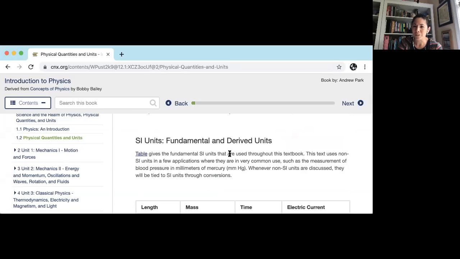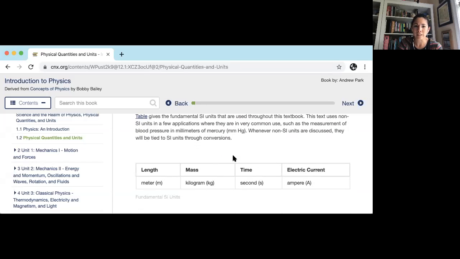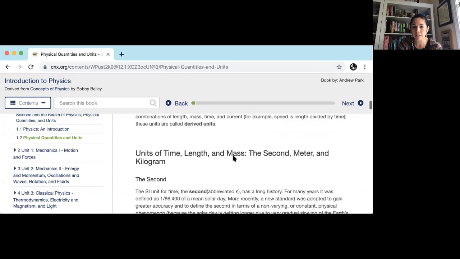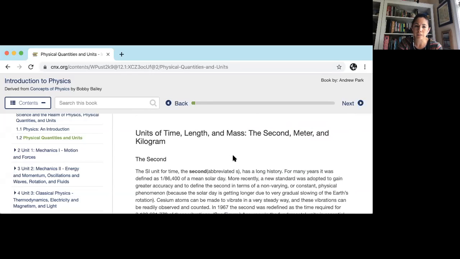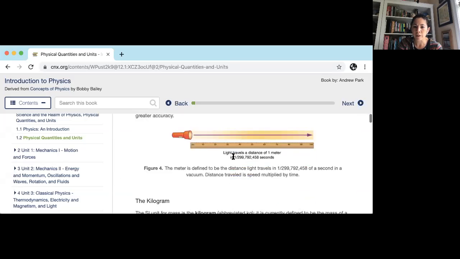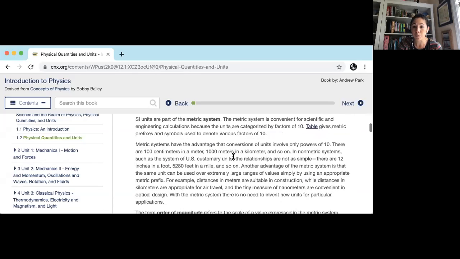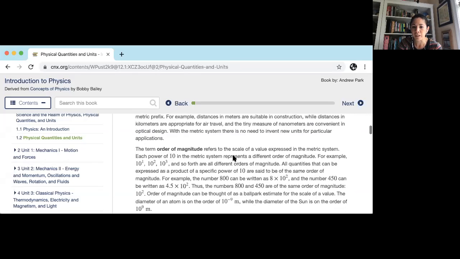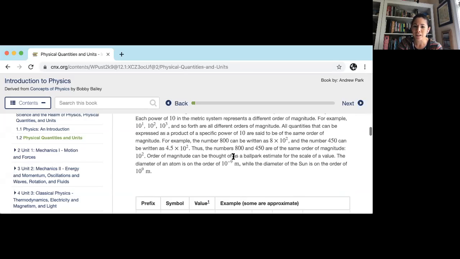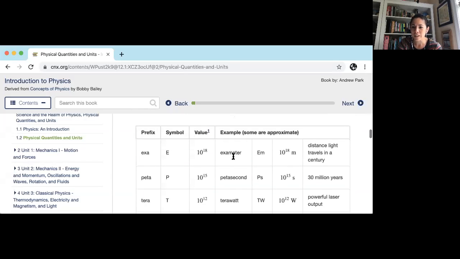And you'll learn all about this in this section. As we talk about units, you'll see that we'll talk about the SI unit system, as well as metric prefixes over here, which are going to be very, very handy so that we don't have too many trailing zeros.